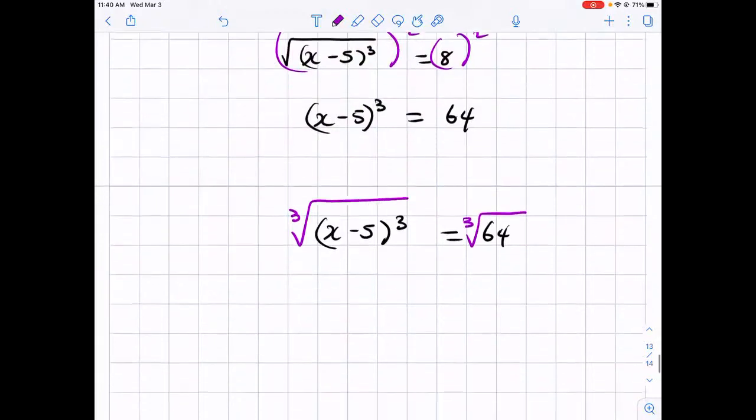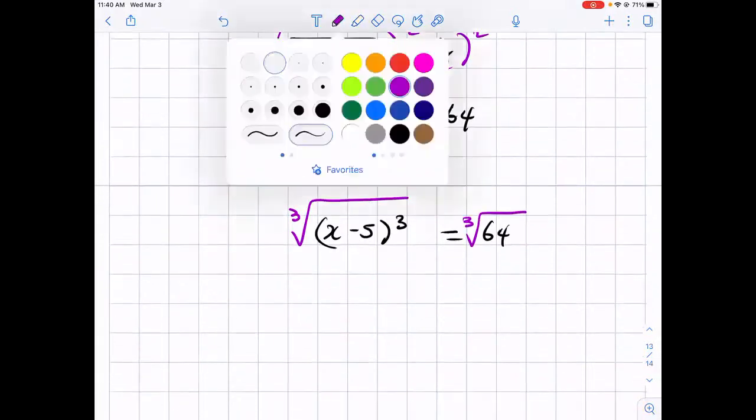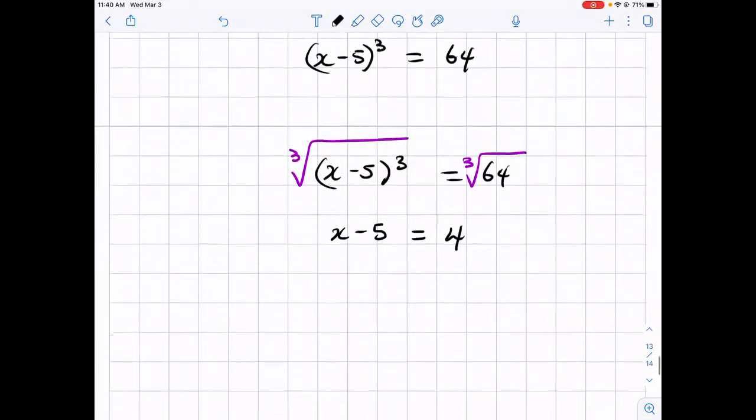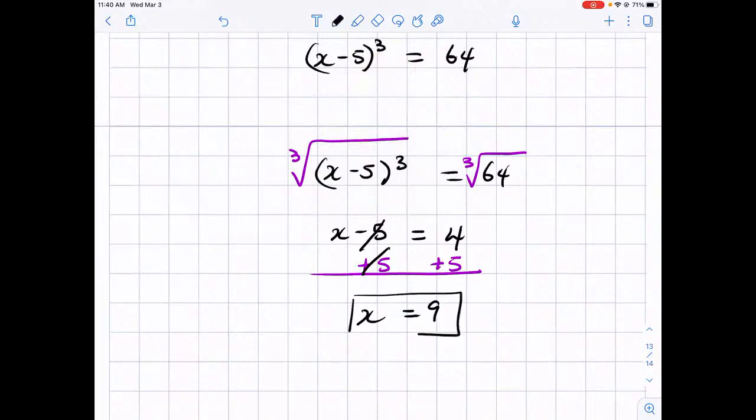And we will be left with x minus 5 is equal to the cube root of 64, which is just 4. We can then add 5 to both sides, and that will leave us with x, the minus 5 and plus 5 becomes 0, is equal to 9. So here is our answer.